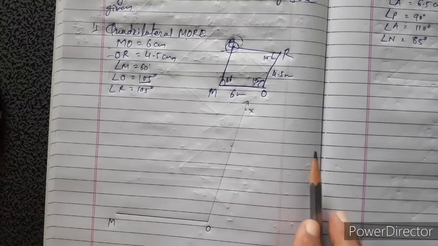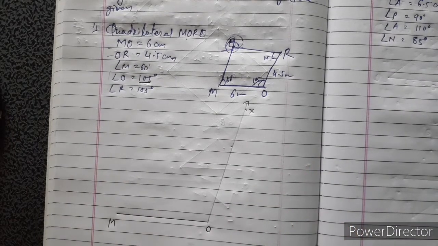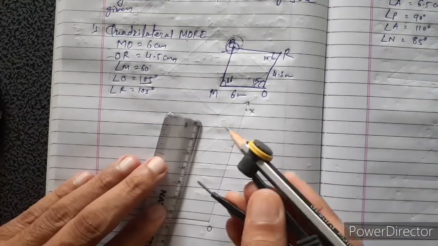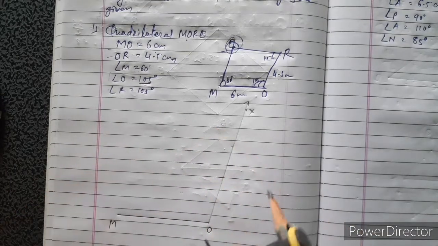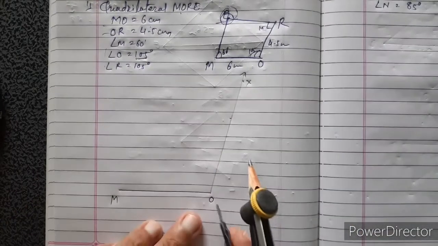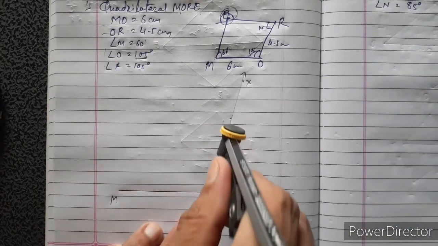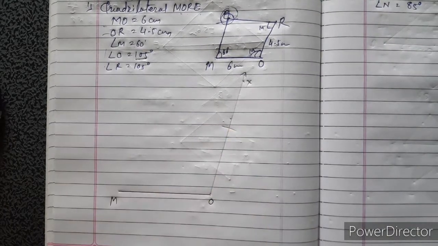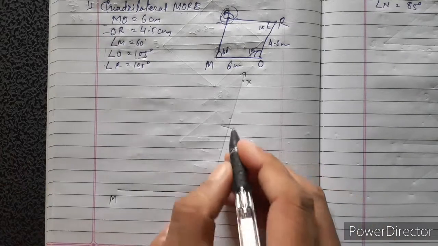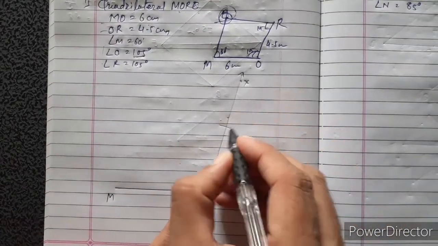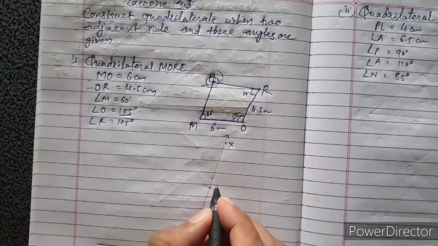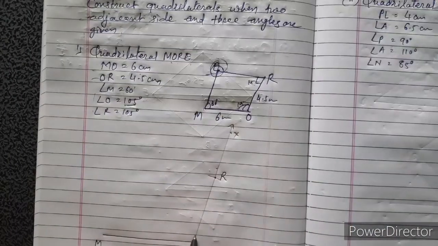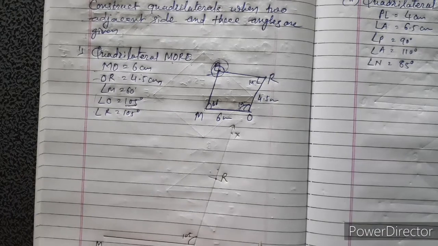Just take radius 4.5 centimeter and draw an arc of a circle with center O with the help of a compass like that. And when it intersects the OX ray, that is our third point, that is R. Write down here R, and this angle is 105.